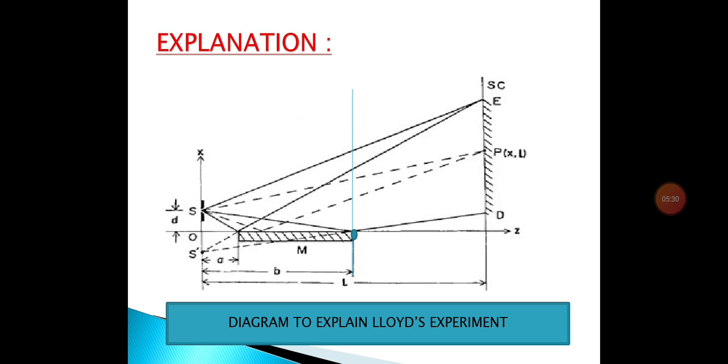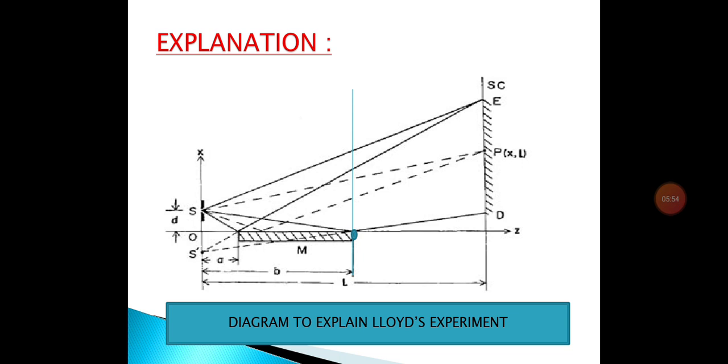So I am getting the dark fringe at this blue dot, meaning the central fringe is dark. This is possible only if the crest of one wave falls over the trough of the other wave. It means that a phase difference of 180 degrees or pi has been introduced between the incident and the reflected ray.